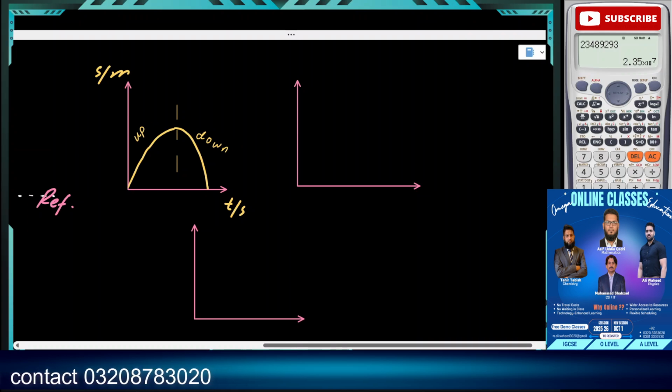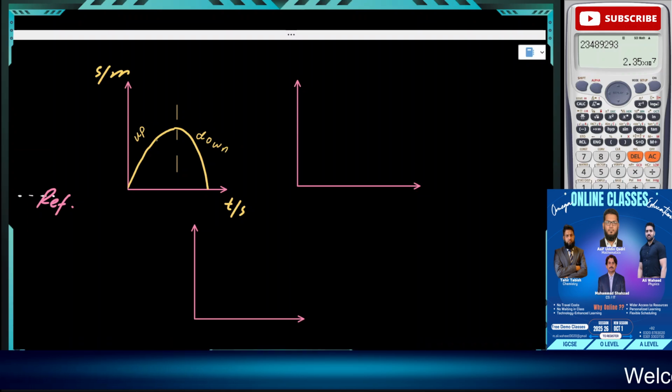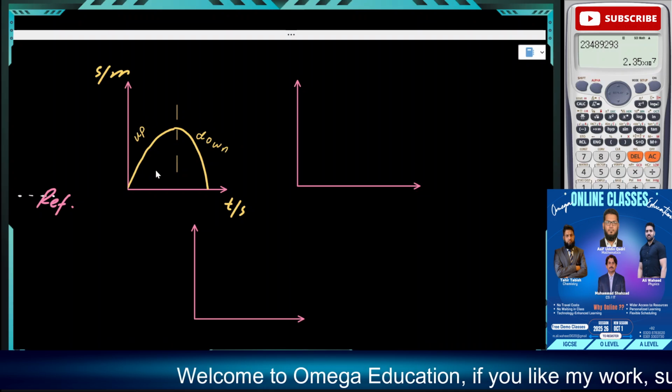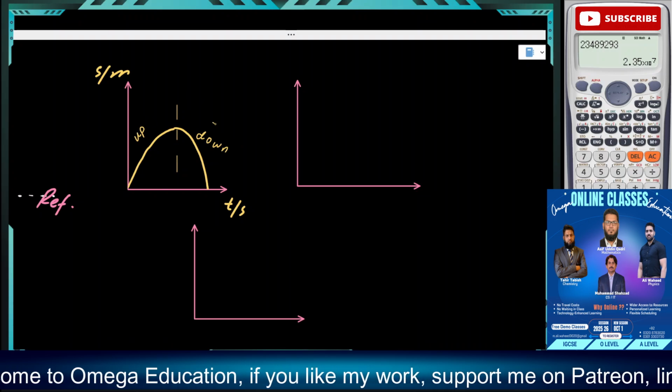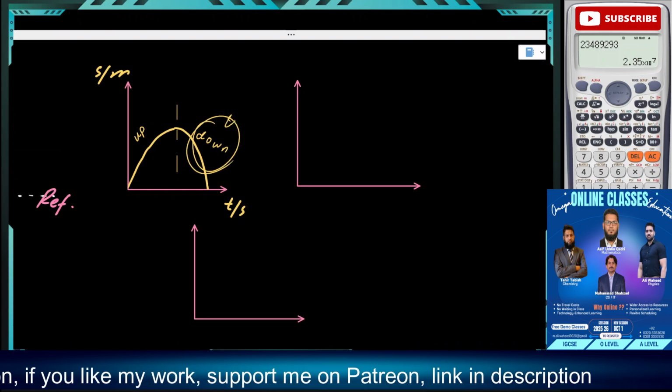So the displacement time graph has two parts. When the ball rises up to the maximum point, this part represents that situation, and when the ball falls downward, the second part represents this situation.